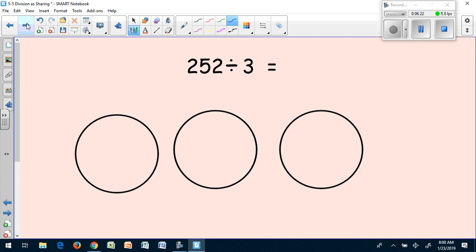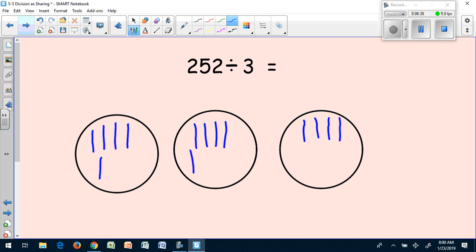And I know I can put a lot of tens in each group because I have 250. So let's start counting. 10, 20, 30, 40, 50, 60, 70, 80, 90, 100, 110, 120, 130, 140, 150, 160, 170, 180, 190, 200, 210, 220, 230, 240.